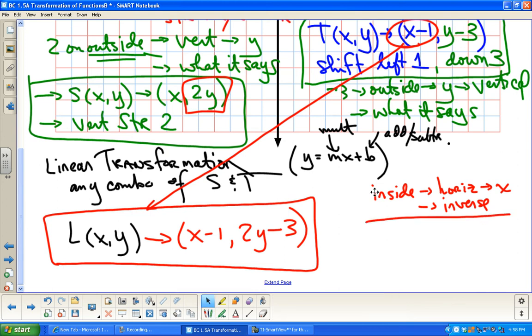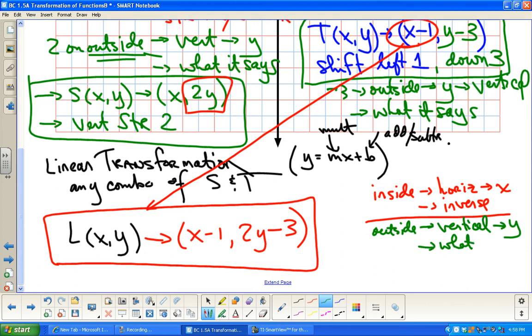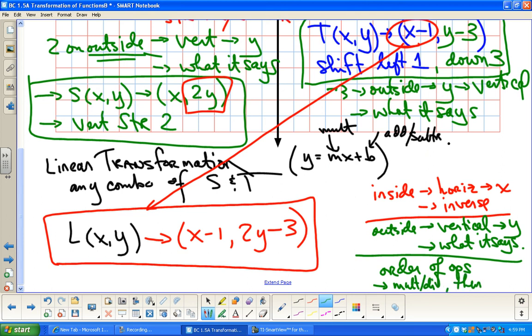If it's on the outside, then it's vertical. It's about y. Do what it says. Follow order of operations. Okay, so again, all that means is multiplication and division first, then addition and subtraction. Okay.